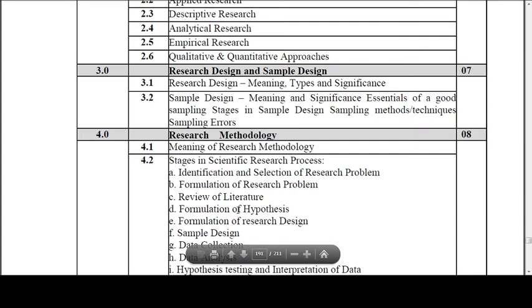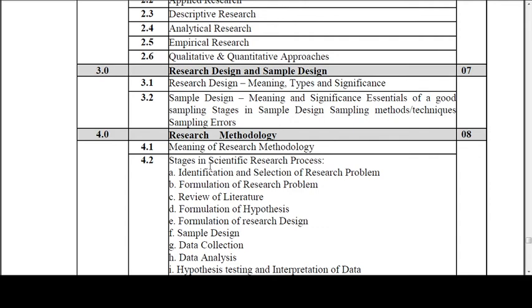Then fourth module, for which 8 hours are allocated. In this module, we cover various research methodologies. First, we define the meaning of research methodology.